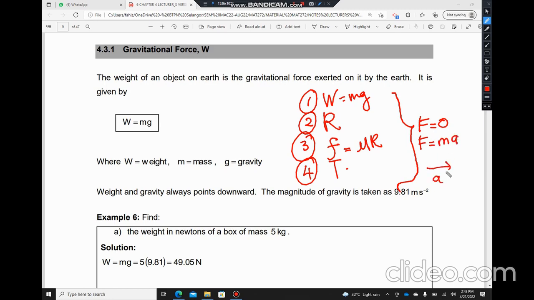Kalau dia ada A acceleration, so dia akan ada F equals to ma. Kalau dia tak ada acceleration, F equals to 0. And then sama ada F jumlah untuk force Fx dengan Fy. Depends lah. Kalau macam dia ada A ke sini, so dia akan jadi F equals to ma. Kalau dia atas ataupun bawah, dia still juga dapat F equals to ma, either Fx or Fy.